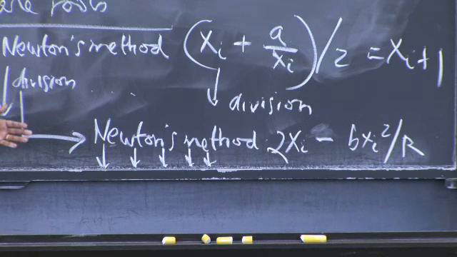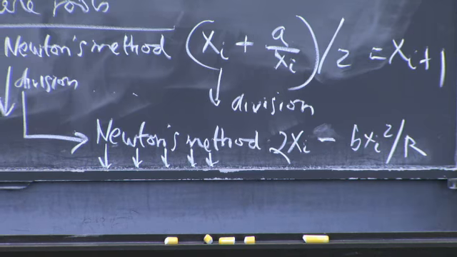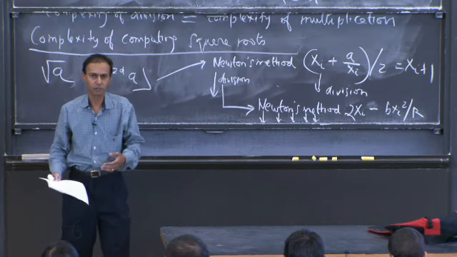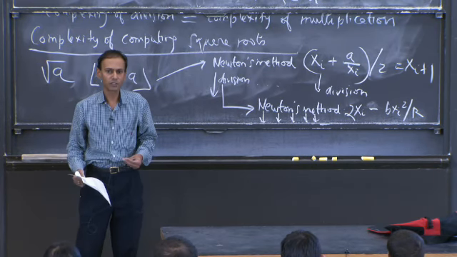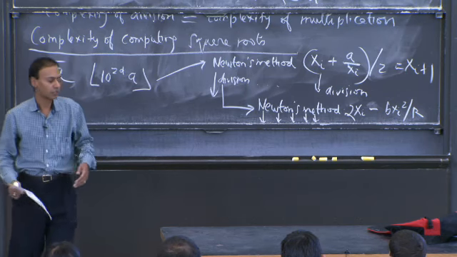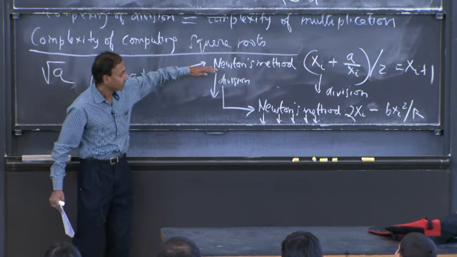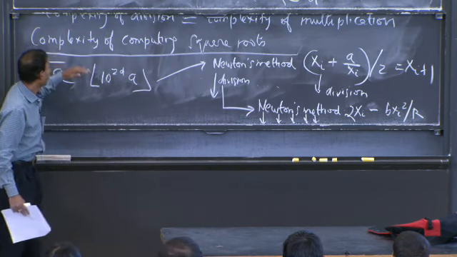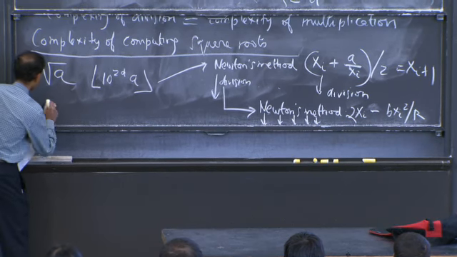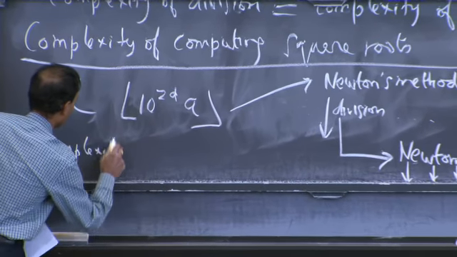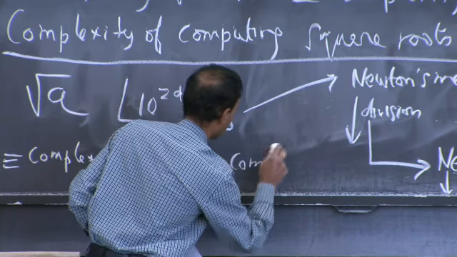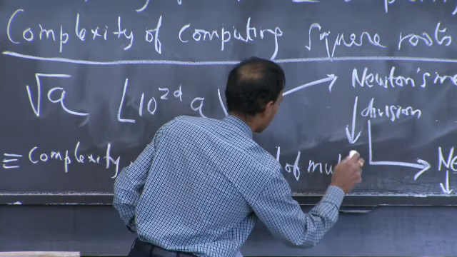When you start out with the digits of precision corresponding to the square root of 2, you start out guessing 1.5, which is your initial guess, a small number of digits of precision, and eventually you'll get to 1 million digits. So using essentially the same summation, you can argue that the complexity of computing square roots is the complexity of division, which of course is the complexity of multiplication.